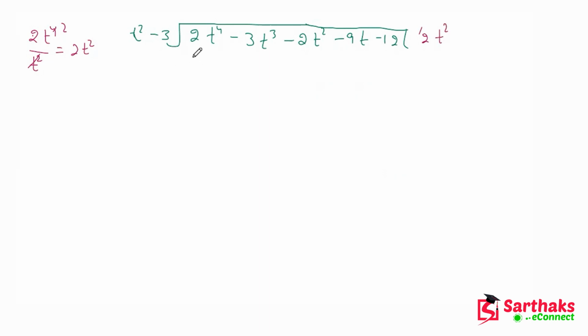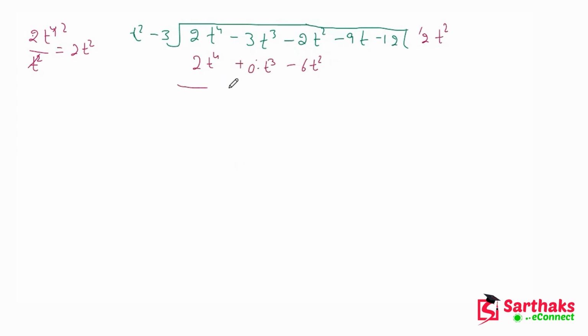Then we get twice of t raised to power 4 and minus 2 into 3, 6. Okay, here 6t square, and we can write it as before the minus twice of t square. Then we get minus 6t square, and here we can write 0t cube.